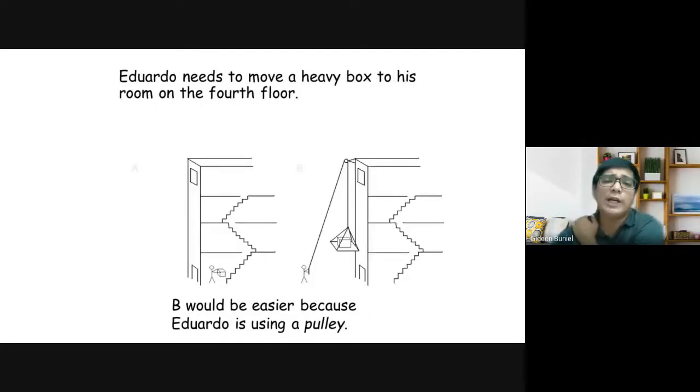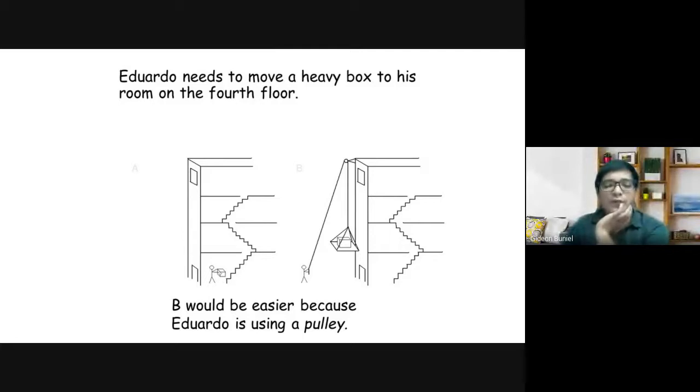Now, Eduardo needs to move a heavy box to his room on the fourth floor. This is A and this is B. So for A, Eduardo needs to travel with the box from the first floor, second floor, third floor, then the fourth floor.